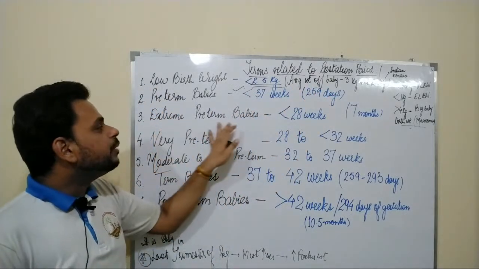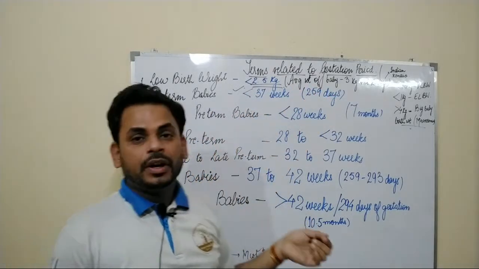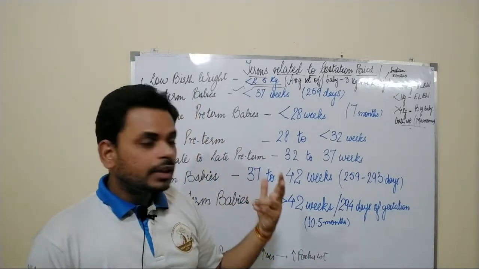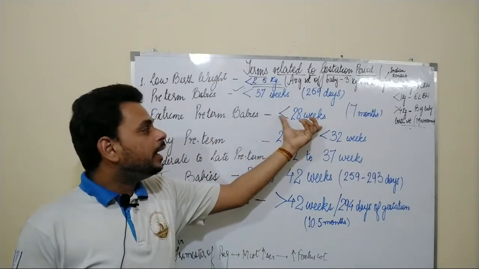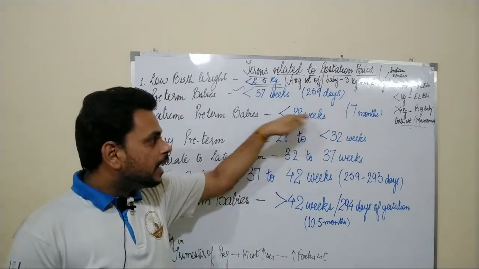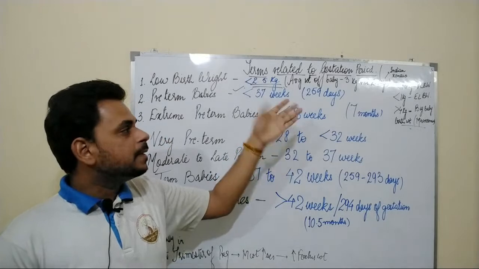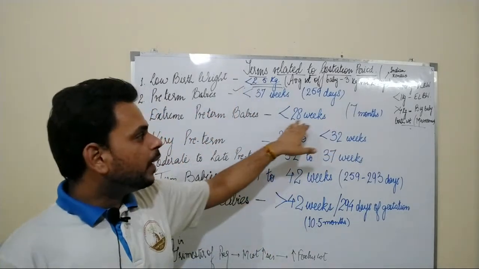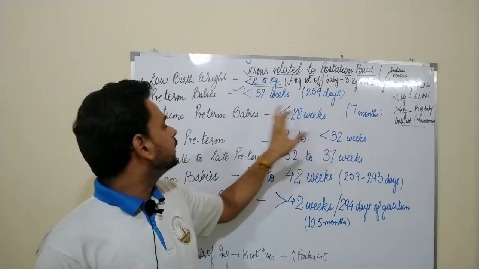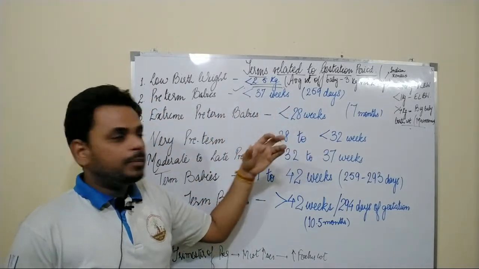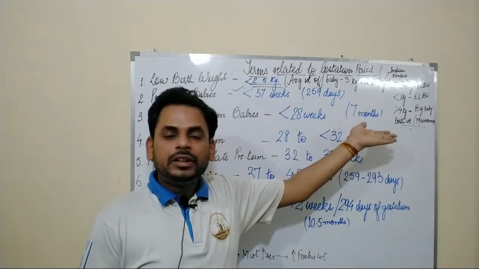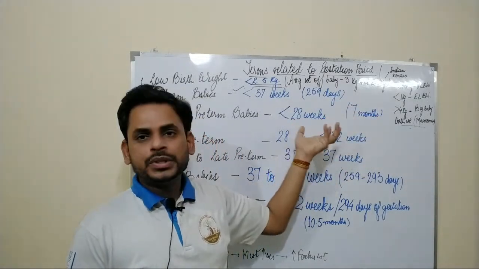Moving on to the extreme preterm babies: if a baby is born in less than 28 weeks of gestation, it is referred to as an extreme preterm baby, because the baby is born at about the seventh month or close to it.